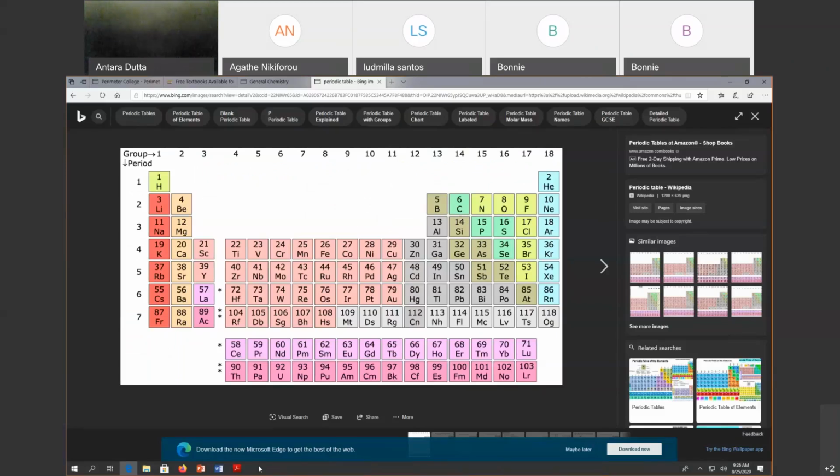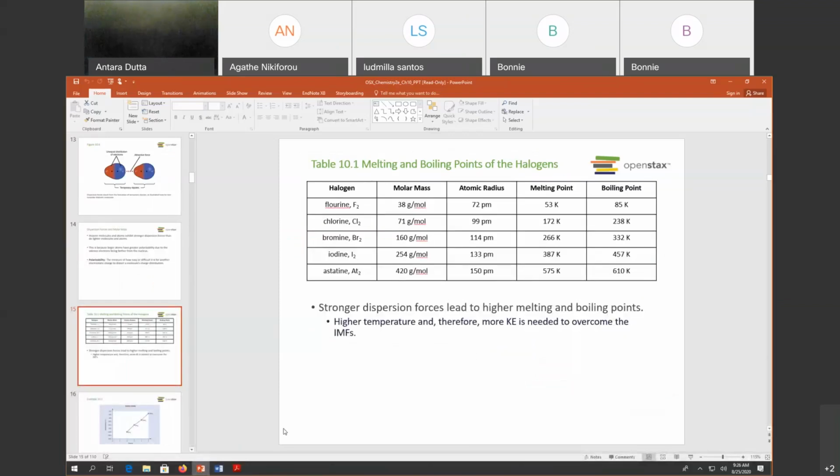If CO is polar, then what kind of intermolecular force is present? Dipole-dipole force, right? Now, this is the DDF present. So which one has higher boiling point, CO or N2?